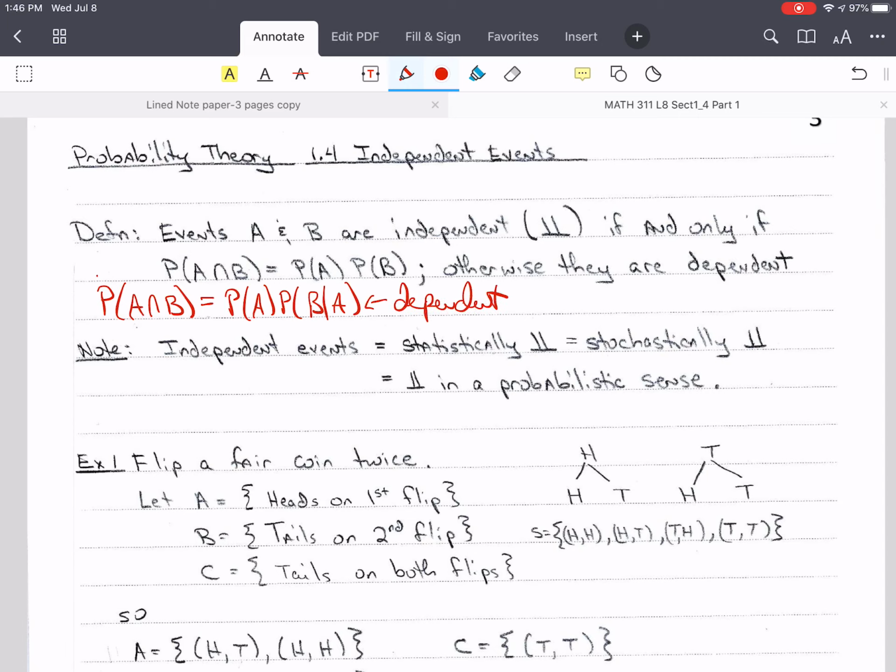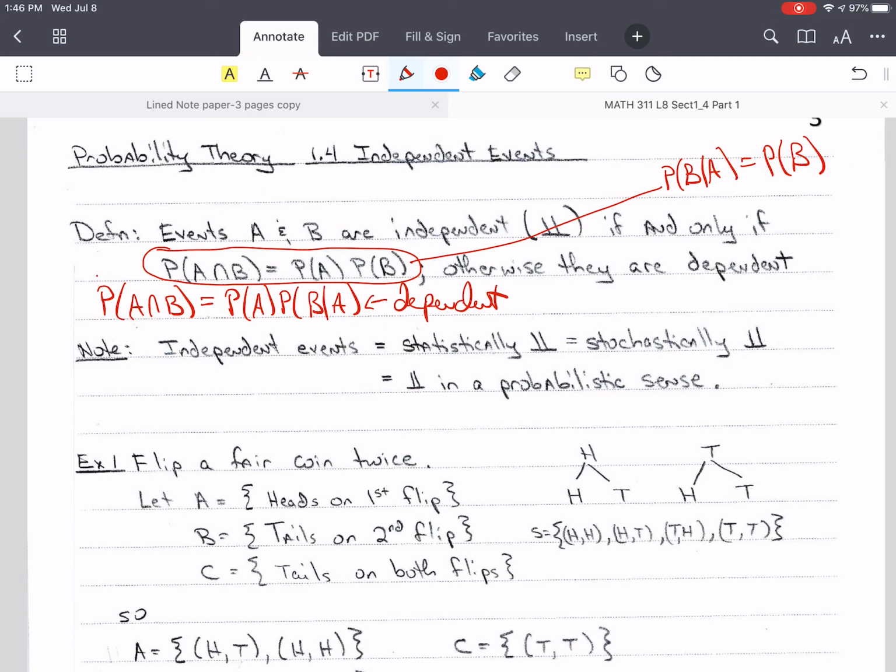Okay? So what we're saying here is if they're independent, then the probability of B given A is equal to just the probability of B, and that's very important.